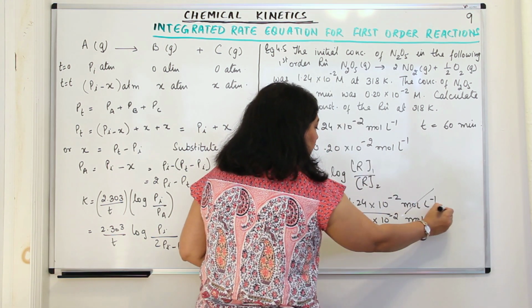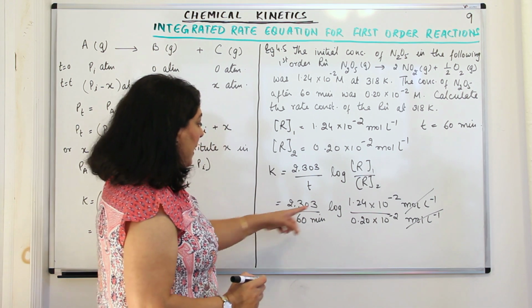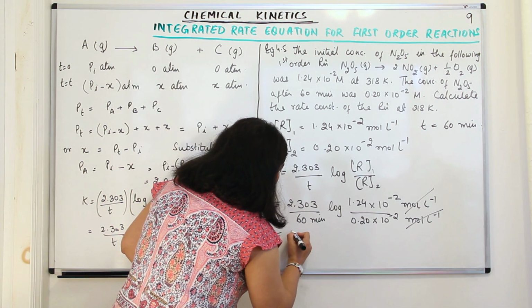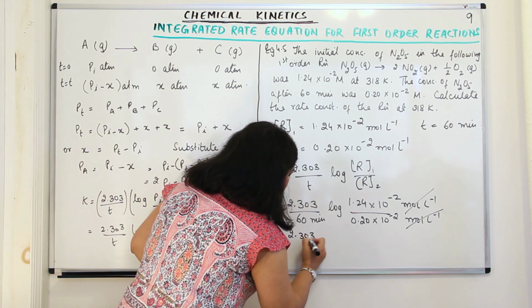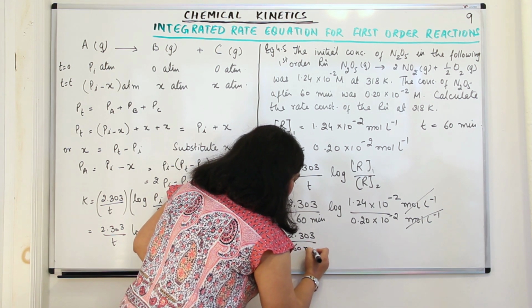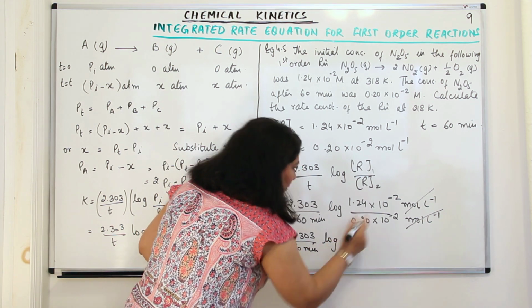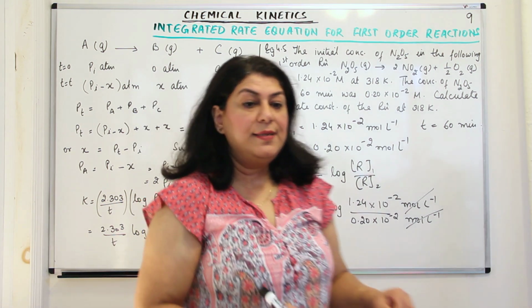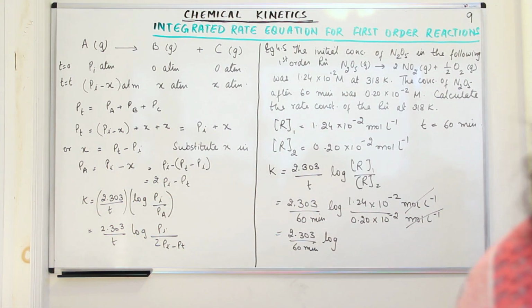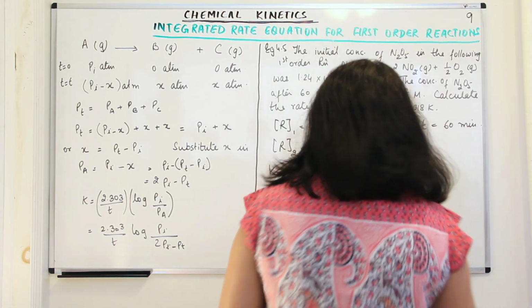So the moles per liter and moles per liter get cancelled, and when you calculate this, you get 2.303 upon 60 minutes log, and the value of this when you solve it is 6.2.